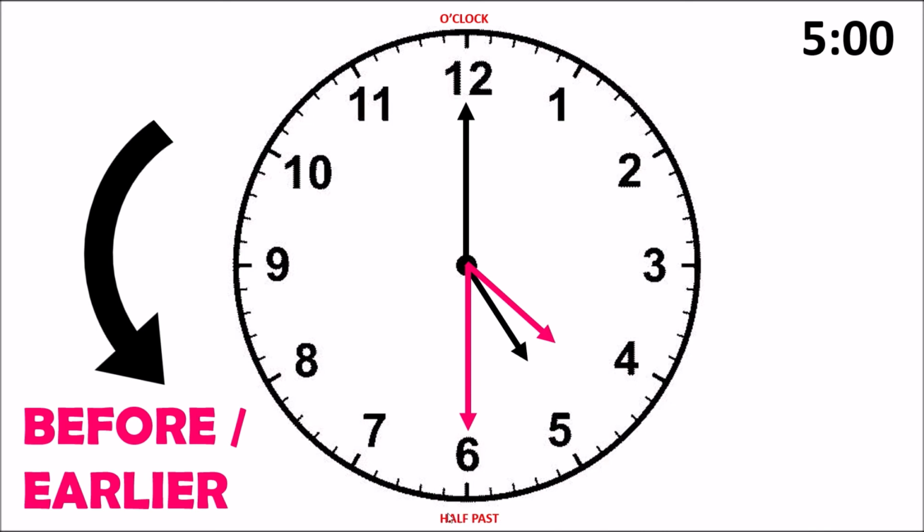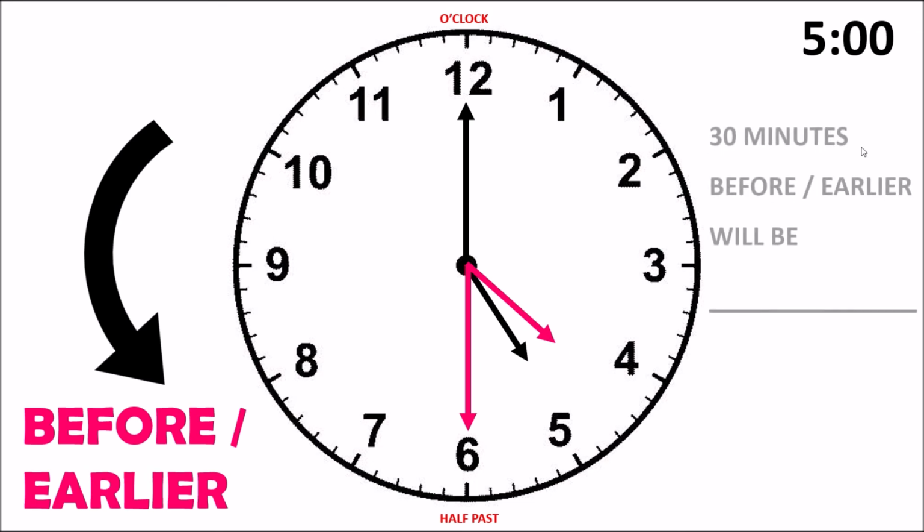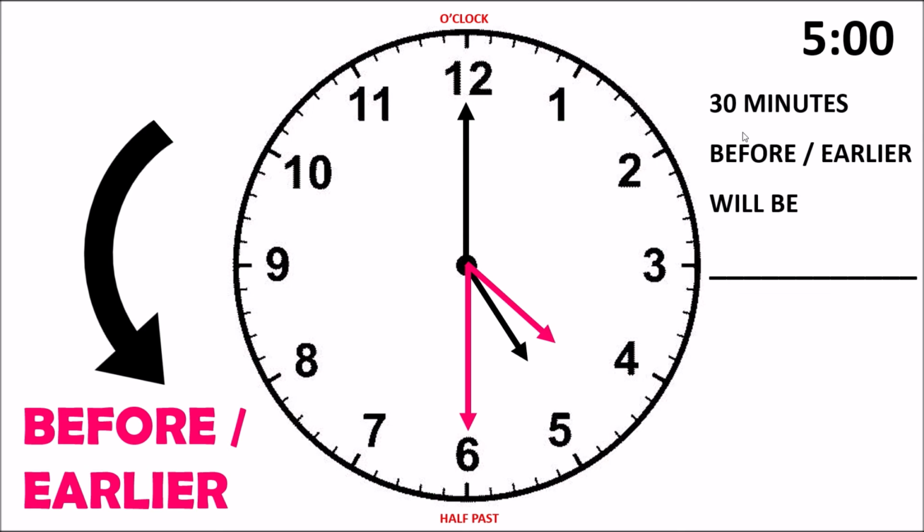So it's past. Is it 5 o'clock still, or is it before 5 o'clock? So is it 5:30 or 4:30? 30 minutes before 5 o'clock will be 4:30.